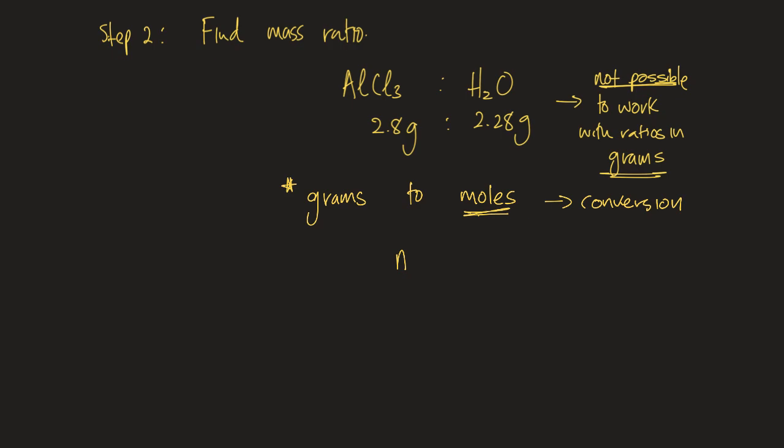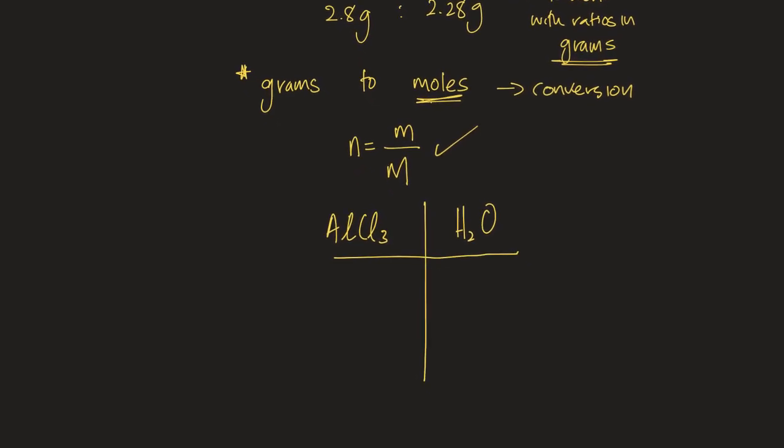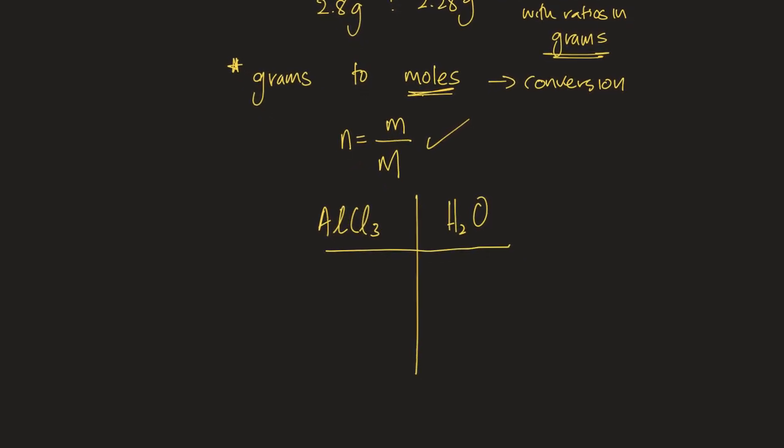Now I know my formula is n is equal to little m over big M. And what I can do now is work with each one. I can say AlCl3, and I work with it together, kind of like the table situation, so I keep all my calculations together. Now my AlCl3, the mass that I'm given is 2.8 divided by the molar mass of AlCl3.